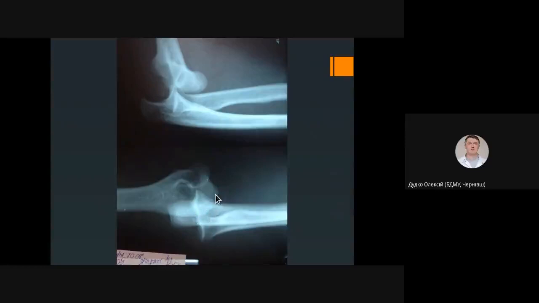And you see that there is a loss of contact between articular surfaces of humerus and ulnar and radius bone. Actually, here we can see that radius is located on the lateral side. So we have a lateral dislocation of the forearm.